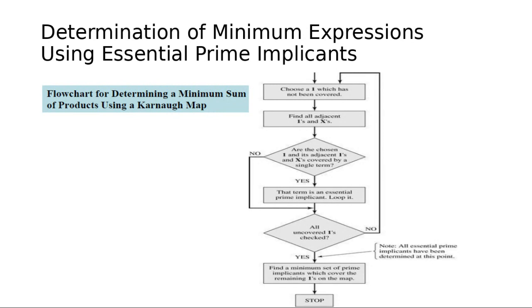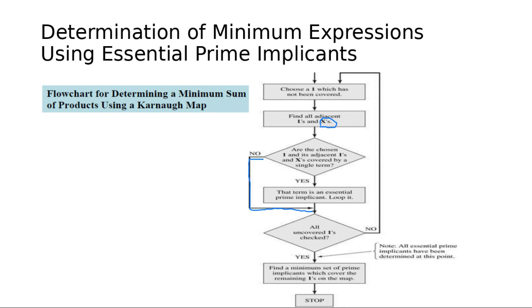There's a beginning: choose a one which has not been covered and find the adjacent ones or don't cares. You can use don't cares, as you know. So are the chosen one and its adjacent ones and don't cares covered by a single term? If yes, then that term is an essential prime implicant, loop it. If it is not, just skip this process and go there.